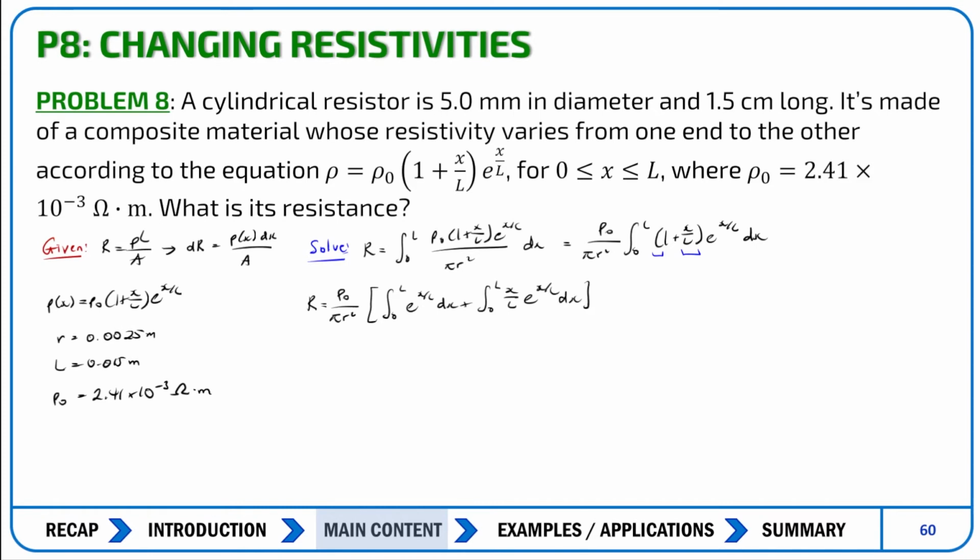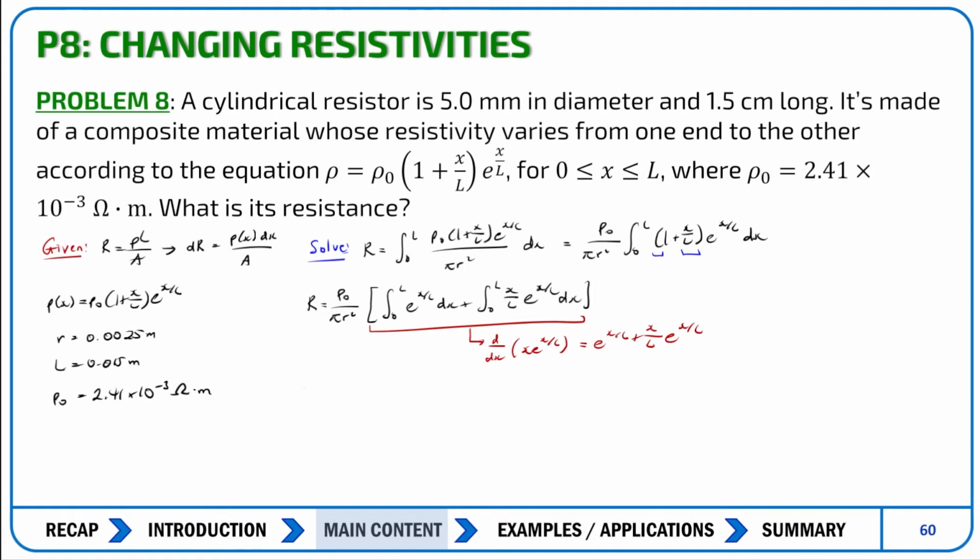Now, based on what's in the brackets here, we can further simplify this using derivatives. We know that d over dx of x e to the x over L is equal to e to the x over L plus x over L e to the x over L. So based on that, it should be fairly easy to solve for this integral now.